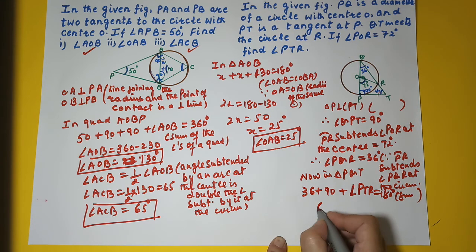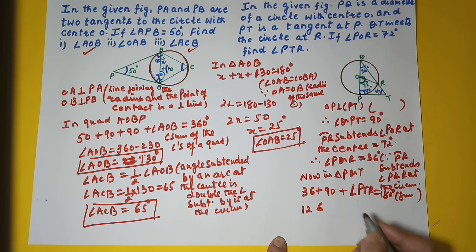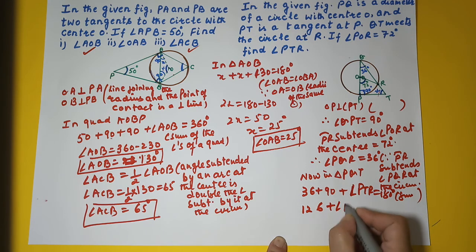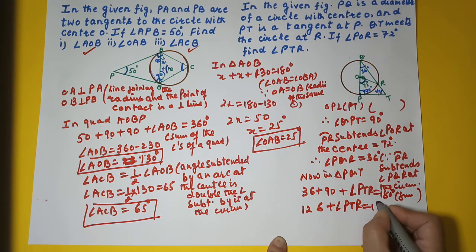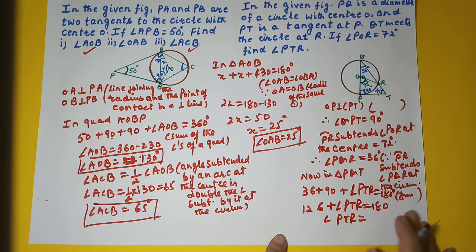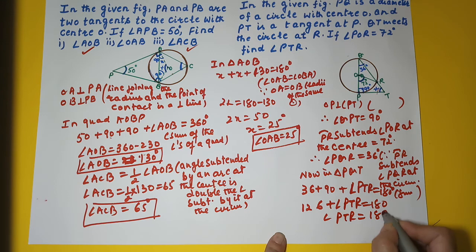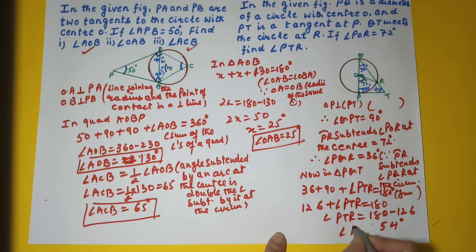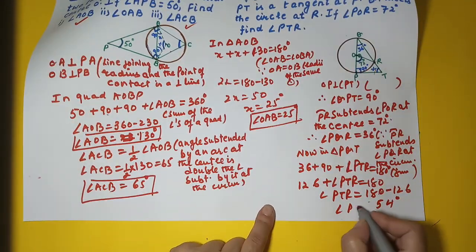So this becomes 126 plus angle PTR equal to 180. So angle PTR is equal to 180 minus 126. 10 minus 6 is 4, 7 minus 2 is 5, so 54 degrees. So your angle PTR is 54 degrees.